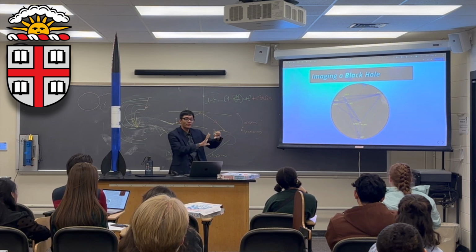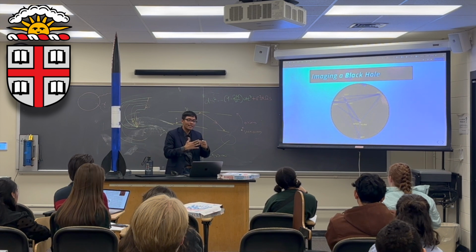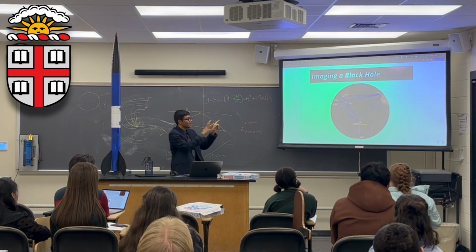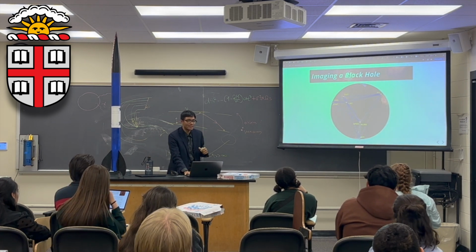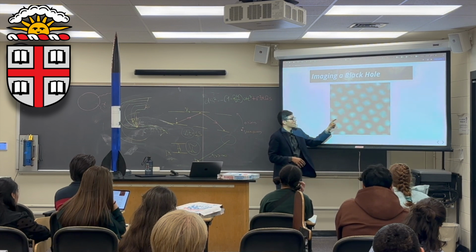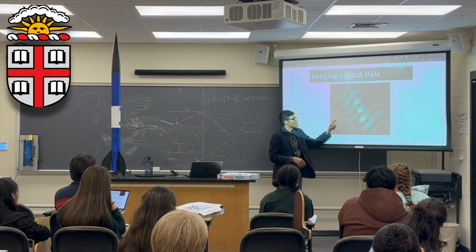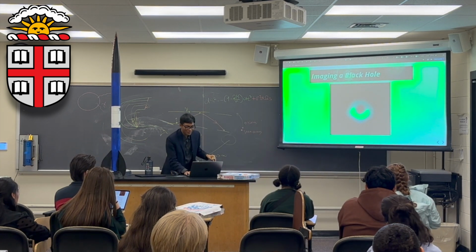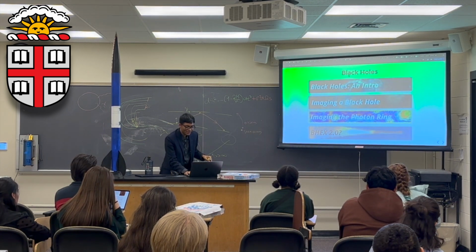It's 8 telescopes all around the globe that use radio interferometry to combine their data and create a telescope the size of the entire Earth, and therefore take a picture of M87 or Sagittarius A star. How does it do that? Like this. So that's how you take a picture of a black hole.